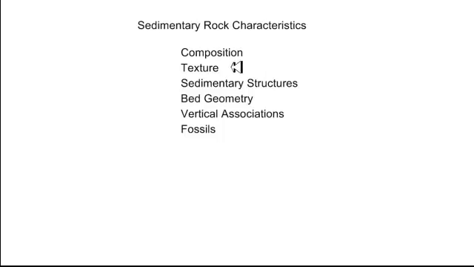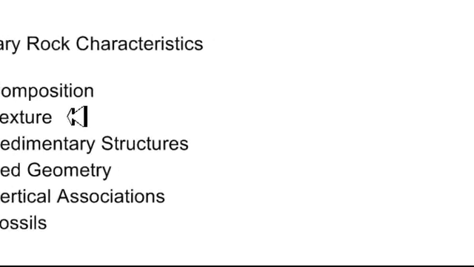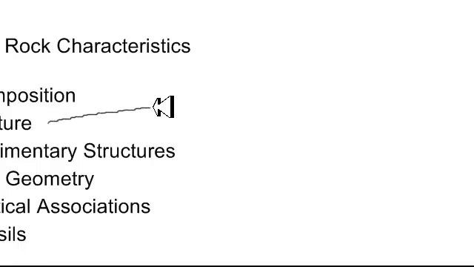Okay, so let's move to the next set of sedimentary rock characteristics, the texture of the sedimentary rock. And by texture, we can talk about things like the average size of the particles that make up the rock, or the average grain size. We could also think about things like sorting.